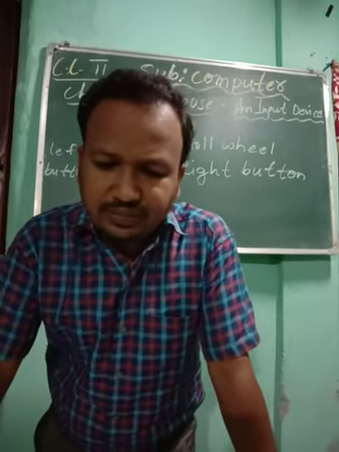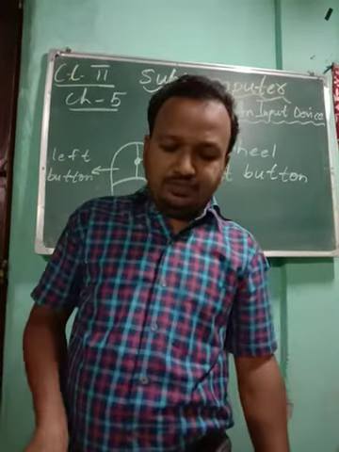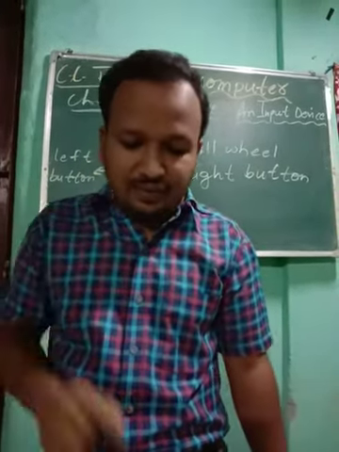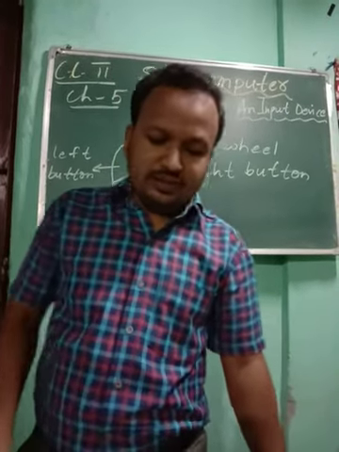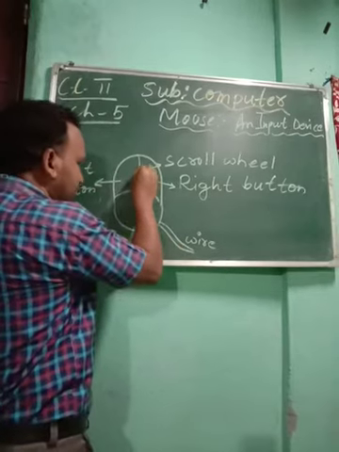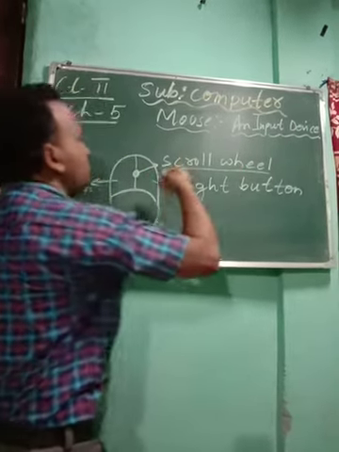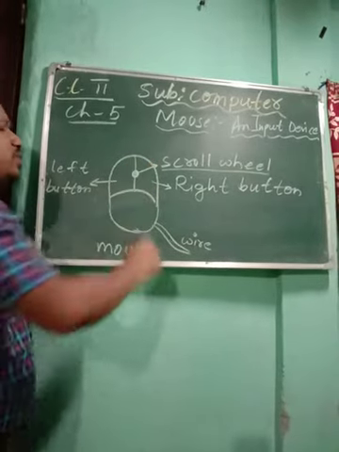Now you see, in a scroll mouse it has a scroll wheel in the middle and the left and right buttons. This is your left button, this is your right button, and in the middle there will be a scroll wheel. The scroll wheel will help you to move the pages.